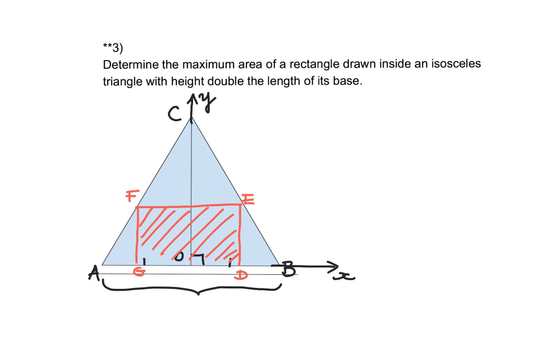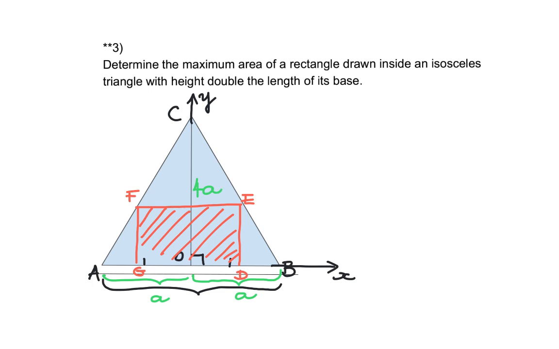So now I'm going to give some dimensions to my rectangle. I'm going to say that the side OB has a length a, so the same, therefore AO will also have a length a, which means that the height of this triangle is 4a.